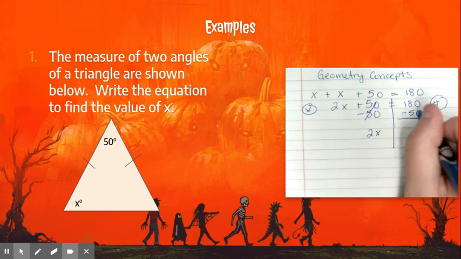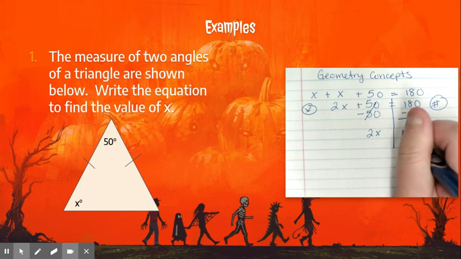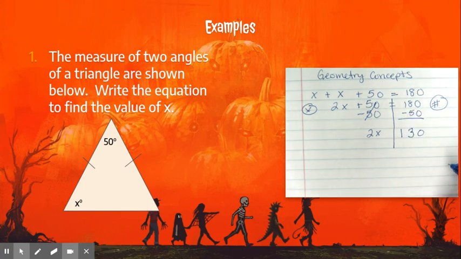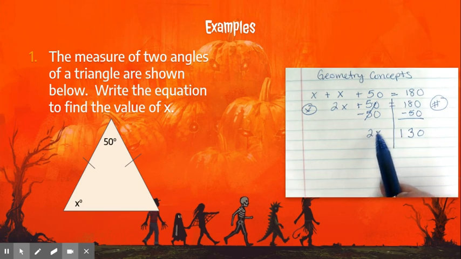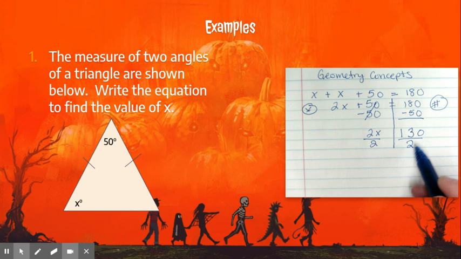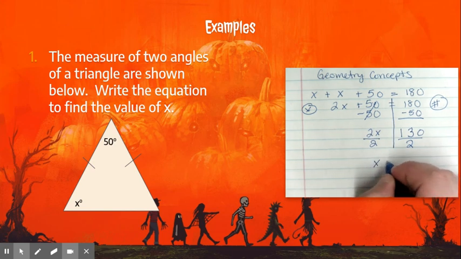And then 180 minus 50, 0 minus 0 is 0, 8 minus 5 is 3, and then 1. Okay, so we're left with 130 on this side. And then we're going to take that, if it's attached to the x like that, we're going to divide. Okay, and then we're left with x equals 130 divided by 2.